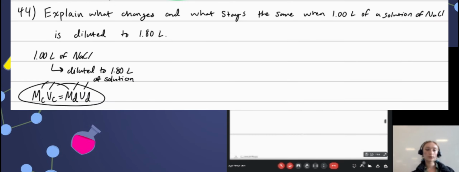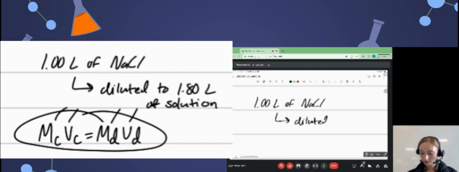And so this question is asking what changes and what stays the same when we have 1 liter of sodium chloride, NaCl, when it's diluted to 1.80 liters of solution.